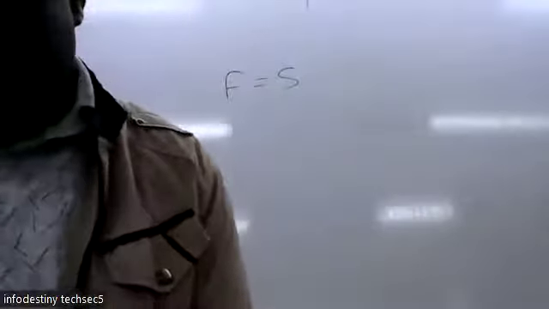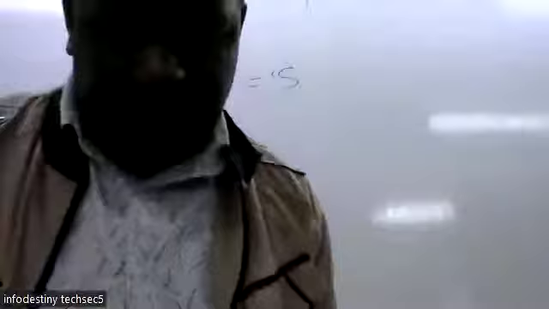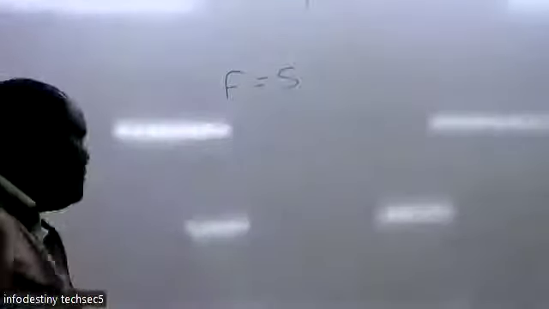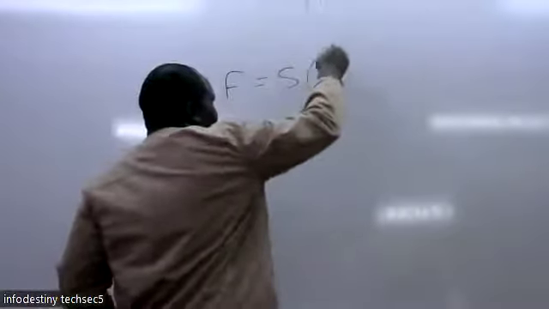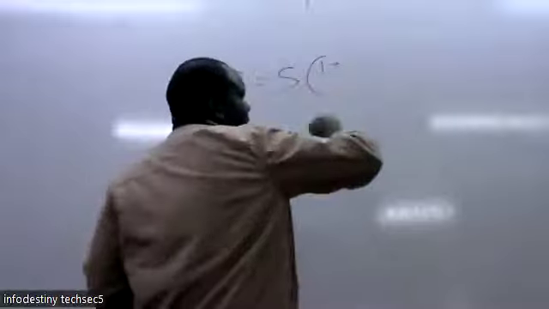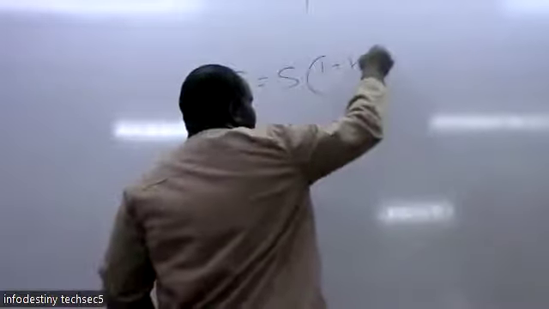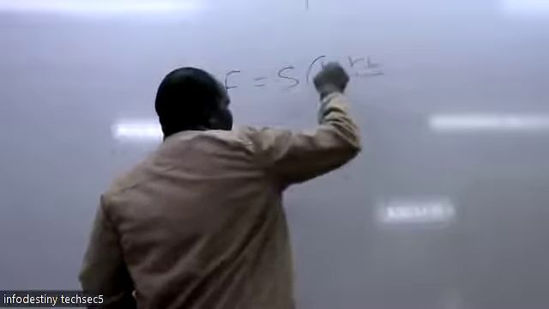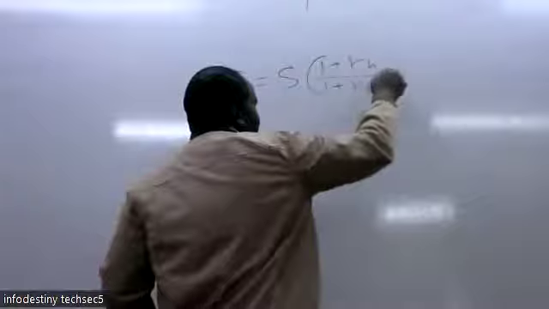Then when it comes to explaining it, we should see how we can apply it. So once you take the spot rate multiplied by 1 plus the interest rate of the home country, divide by 1 plus the interest rate of the foreign country.